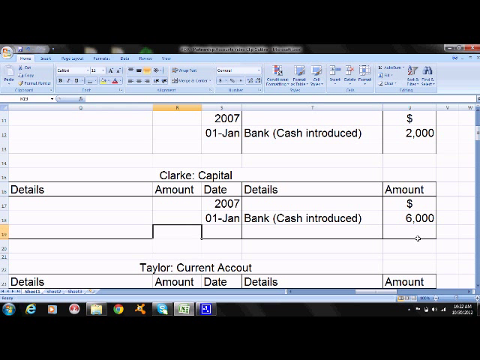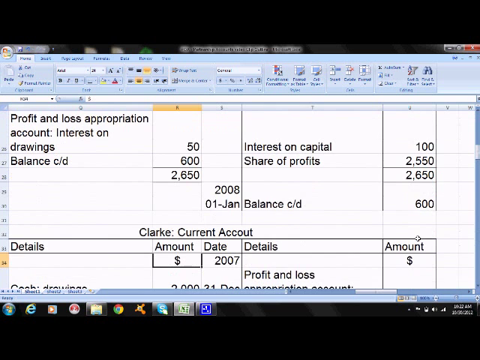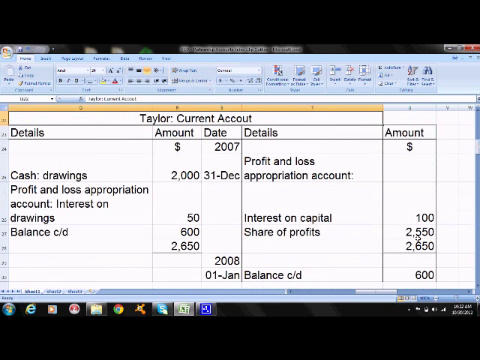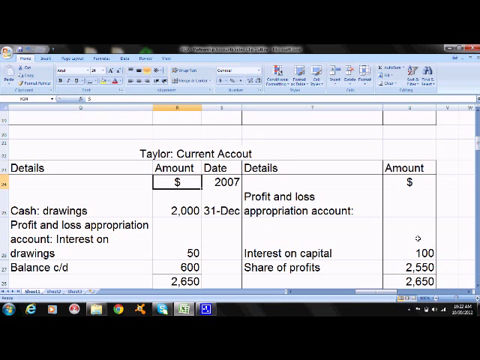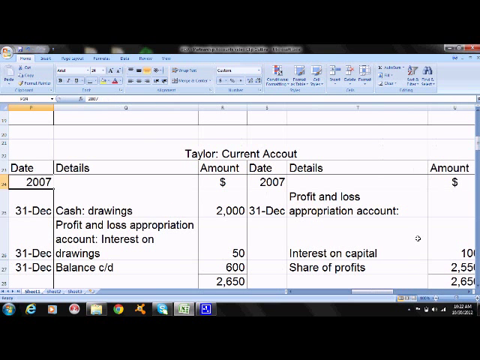Now we'll look at the current account, how the current account is structured. The first thing that we do as it relates to the current account is that we bring down the cash drawings, and these drawings come from what?